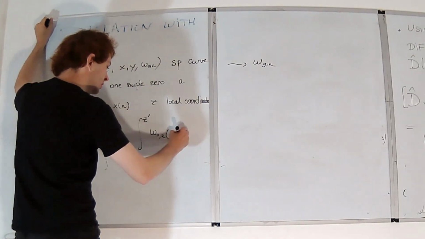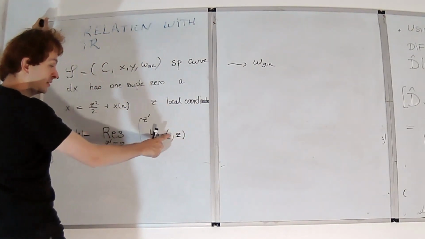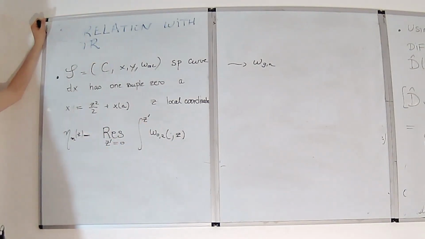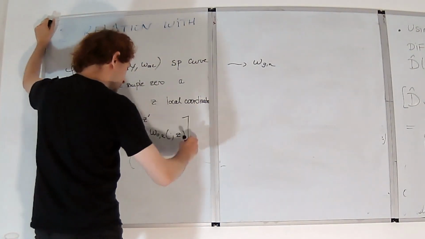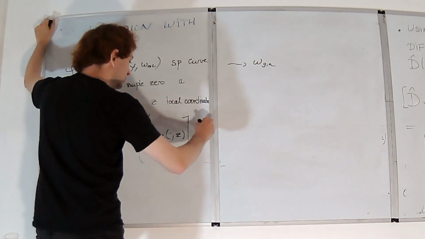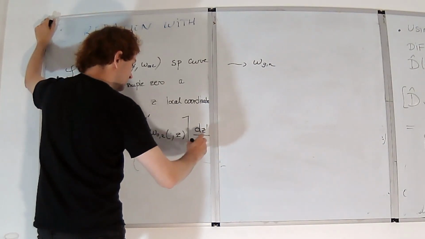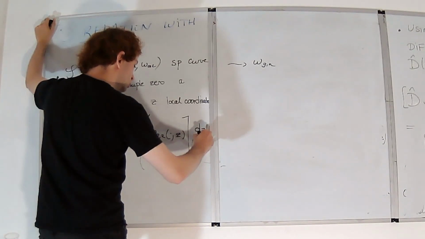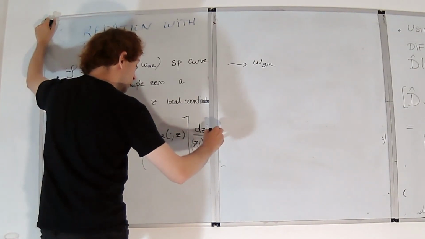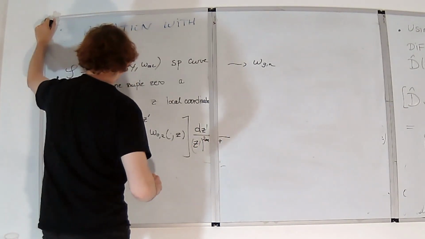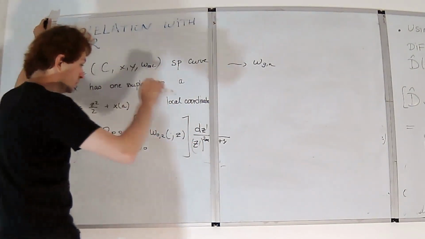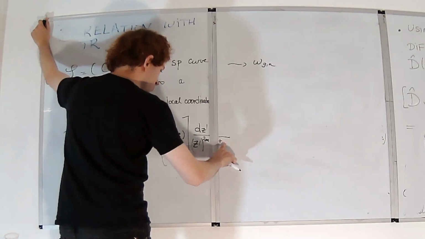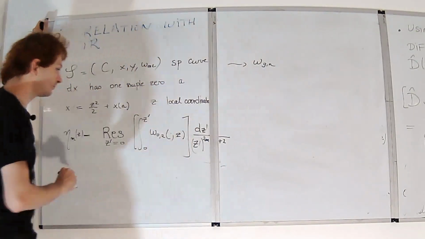The z appears here, so it's a one form here, but I integrate this one to get a function of z prime. Here I can start from 0. And here I'm going to put z prime to the 2m plus, I think, 1 or 2. I think I want 2. Okay.